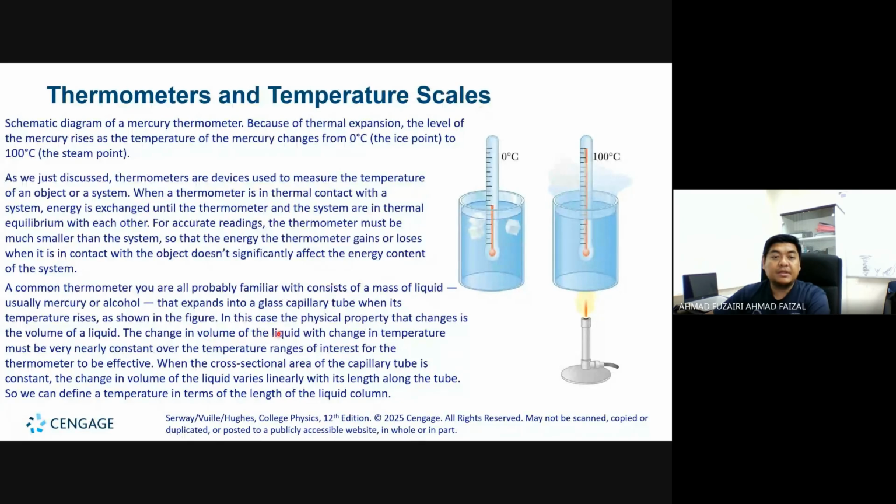In this case, the physical property that changes is the volume of the liquid, and the change in volume with temperature must be very nearly constant over the temperature range of interest for the thermometer to be effective. So what I'm telling you is that the thermometer and temperature are related, because when you want to measure a temperature, we use thermometers that rely on the zeroth law of thermodynamics.